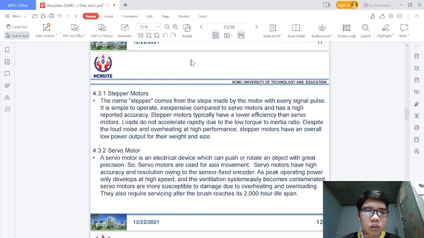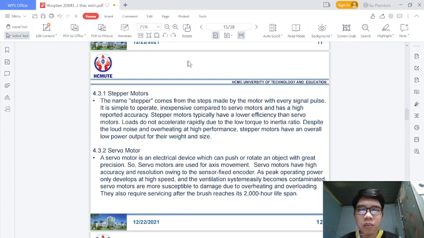Stepper motor. The name stepper comes from the step made by the motor with every single pulse. It is simple to operate and inexpensive compared to servo motor and has high repeat accuracy.